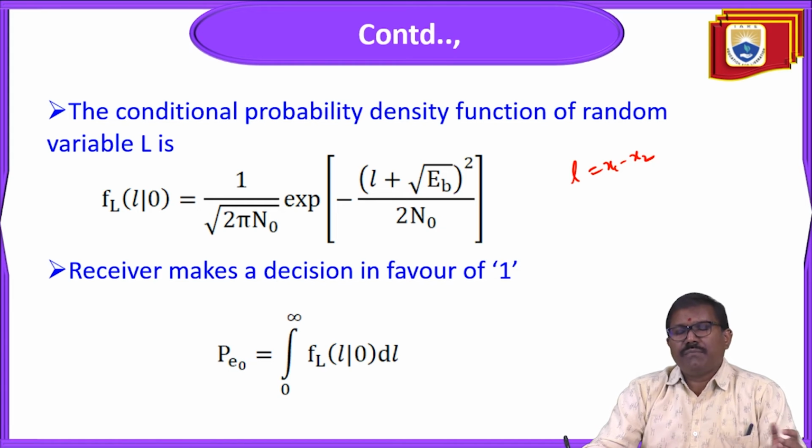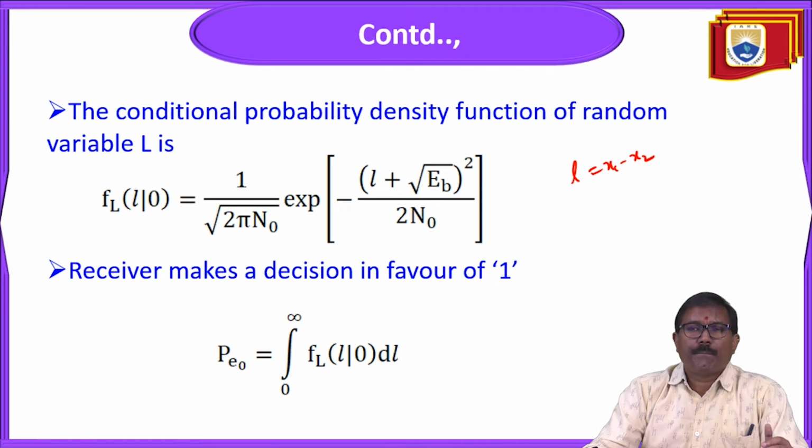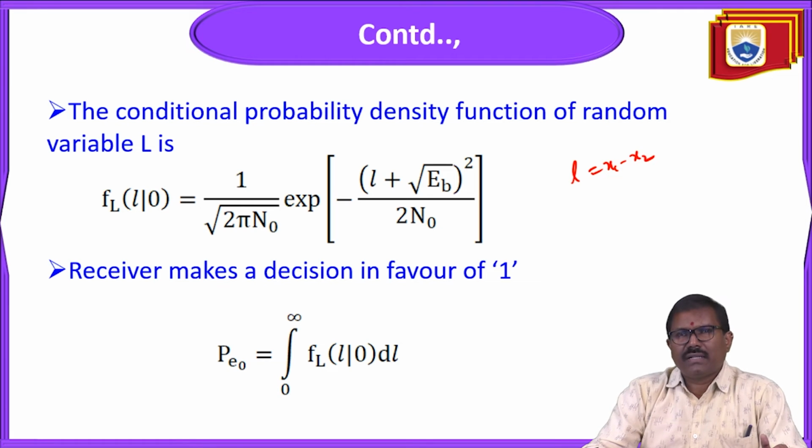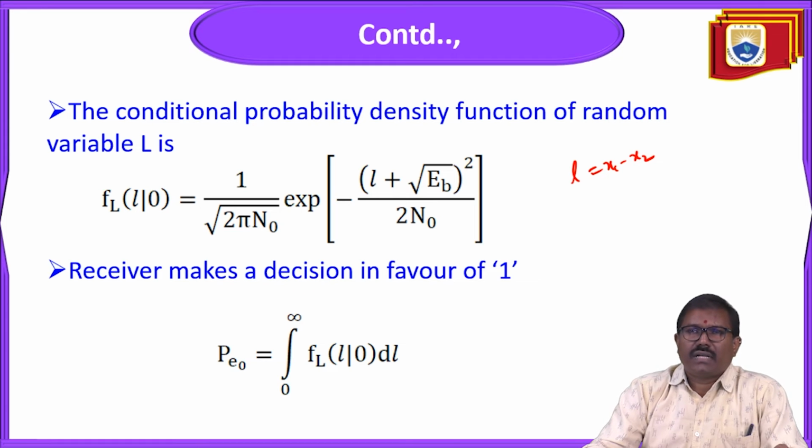Here also symbol 0 is transmitted, but the receiver makes a decision in favor of symbol 1. So we got the probability of error, and that error we are going to find. Again the same formula: integral from 0 to infinity of f_L(L given 0) dL.